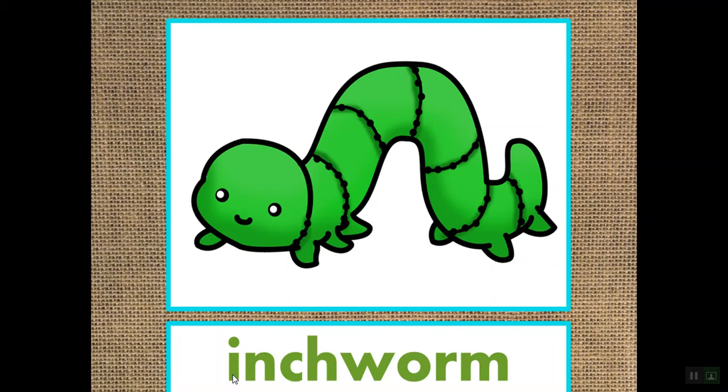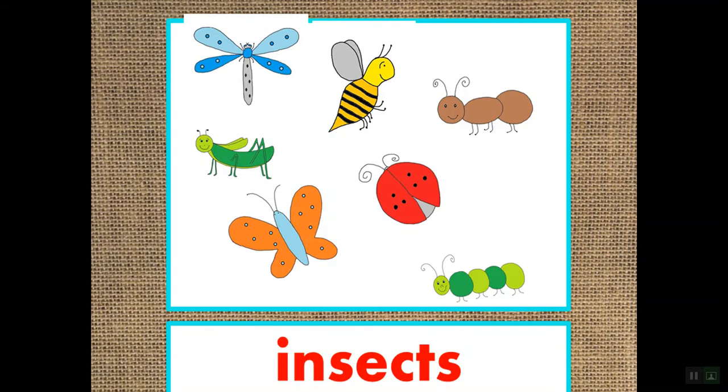Good. We hear I at the beginning of inchworm, and it is a compound word. Inch, worm, inchworm. Very good. Here we have insects. Can you say insects? Good. We hear that sound I again at the beginning.